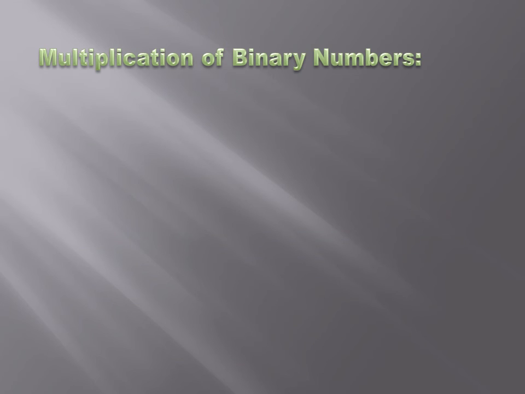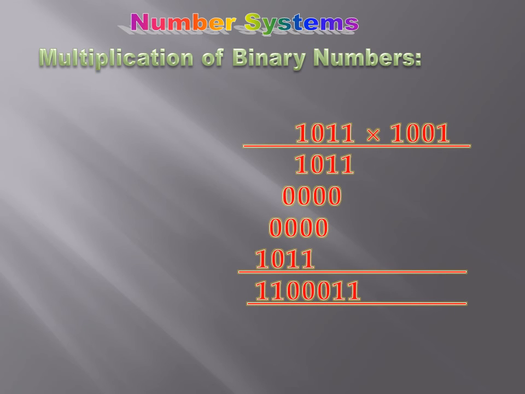Multiplication of binary numbers. The binary numbers can be multiplied in the traditional way of multiplication of decimal numbers. The method is the same, and the process is like this: if we have two numbers 1011 and 1001, they'll be multiplied like this and then added in the classical way of multiplication.